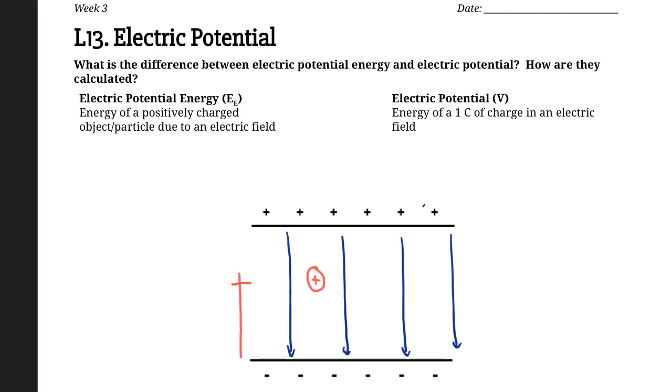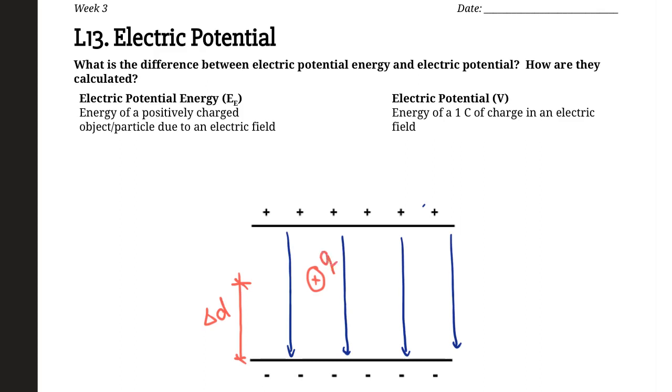You can think of that as the energy above this plate, because we can consider that the starting point. So this would be our delta D, because it wants to go down to its rest state, which is when it's at that bottom plate, at least for a proton. So we can say that's the delta D here, if we want to come up with a value for the electric potential energy of that particle, right?